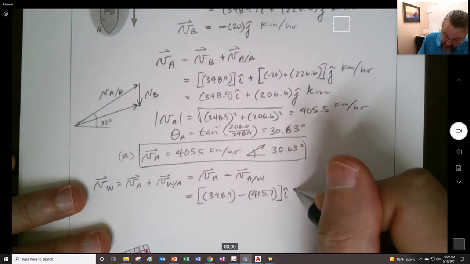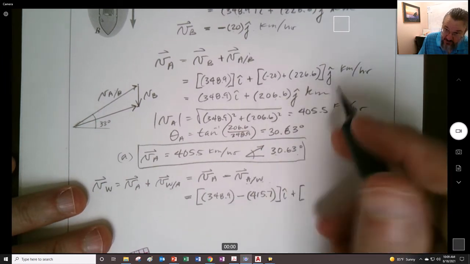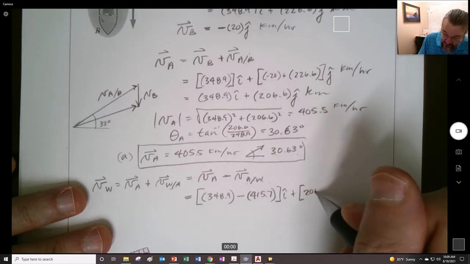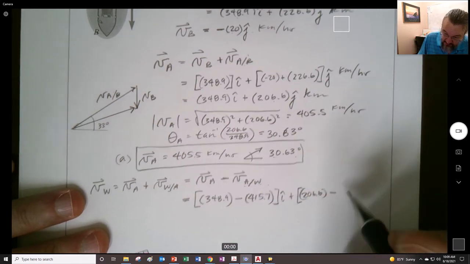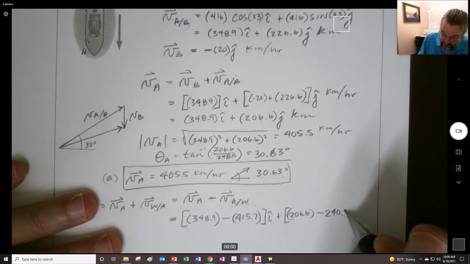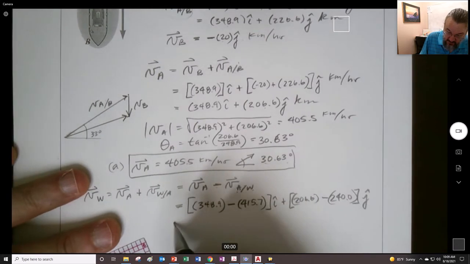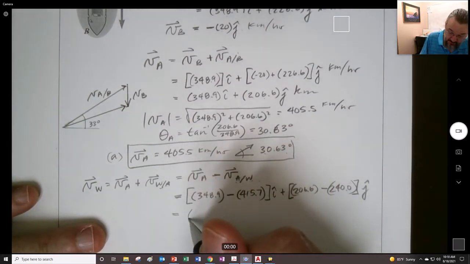That's going to be an I. Plus, then we'll take this 206.6 and subtract 240. J.